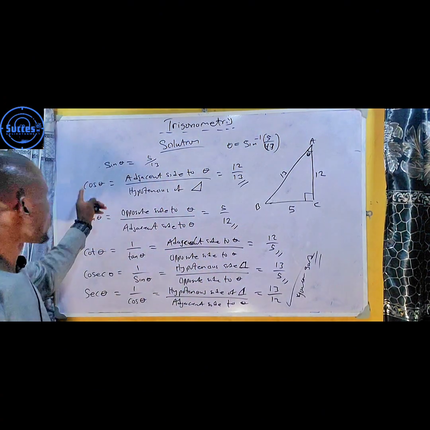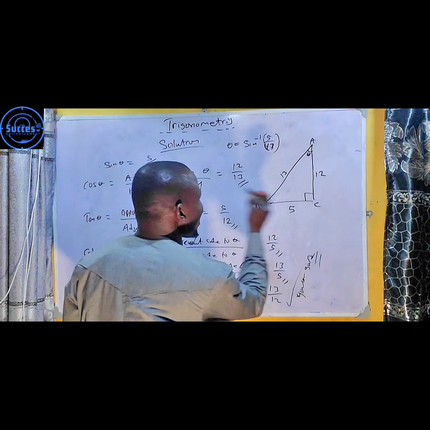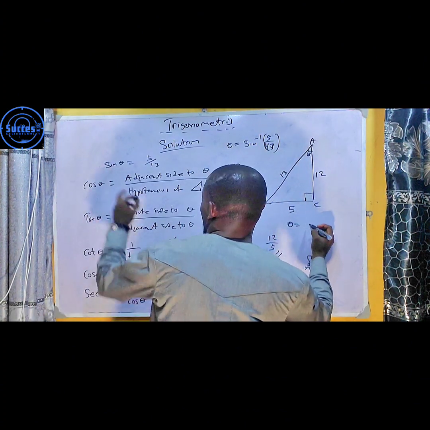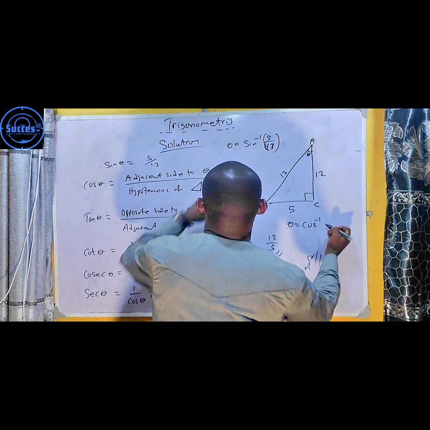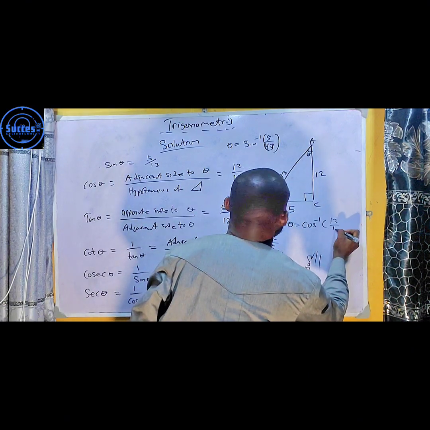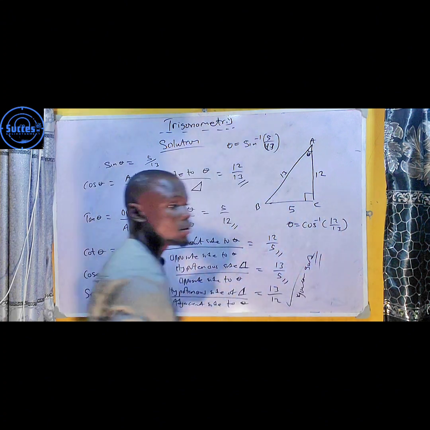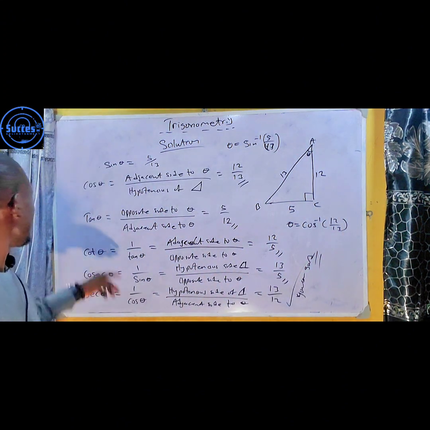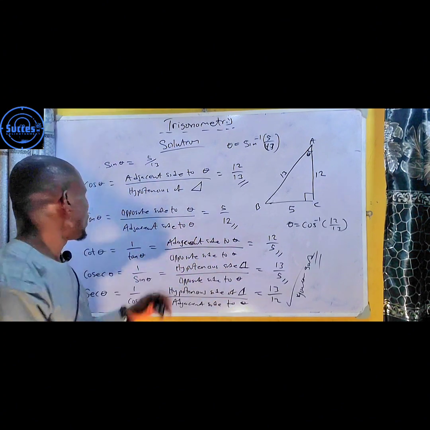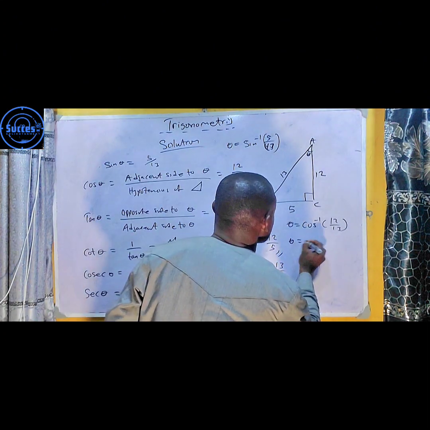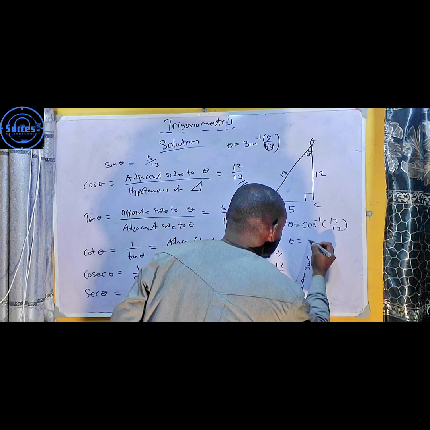The same way you can use cos theta. All you have to do is theta will now be arc cos 12 over 13. The same way, you can use tan theta as well.